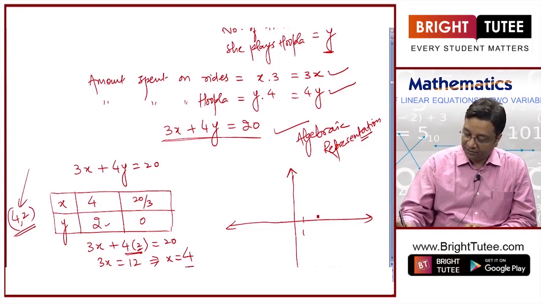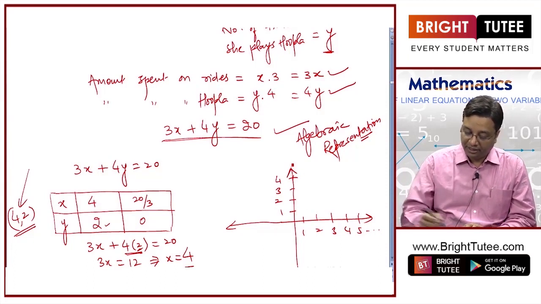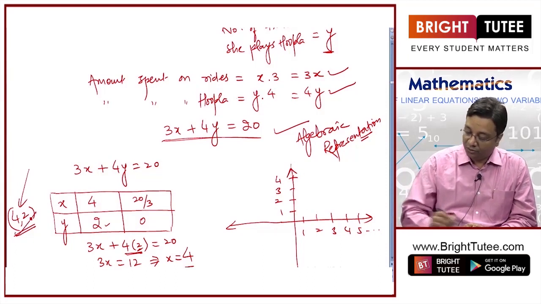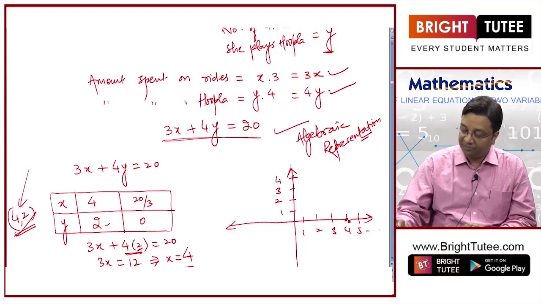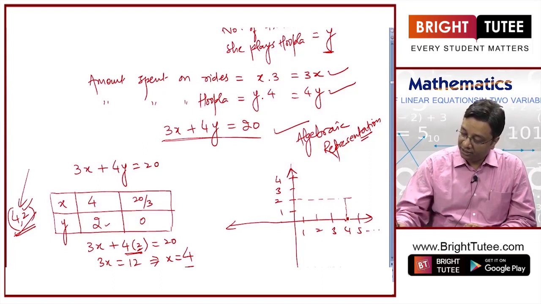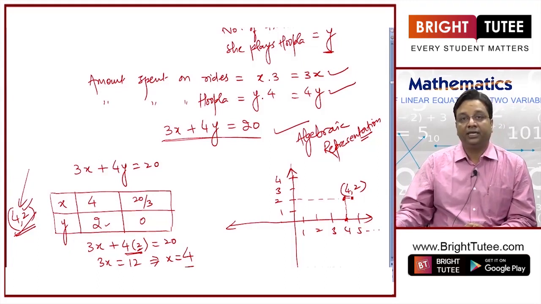This is, let us say, 1, 2, 3, 4, 5 and so on on the x-axis, and 1, 2, 3, 4 and so on on the y-axis. To represent the point (4, 2), we will go 4 steps in the x direction and 2 steps towards the y direction. So we will reach this point here. This point is (4, 2).